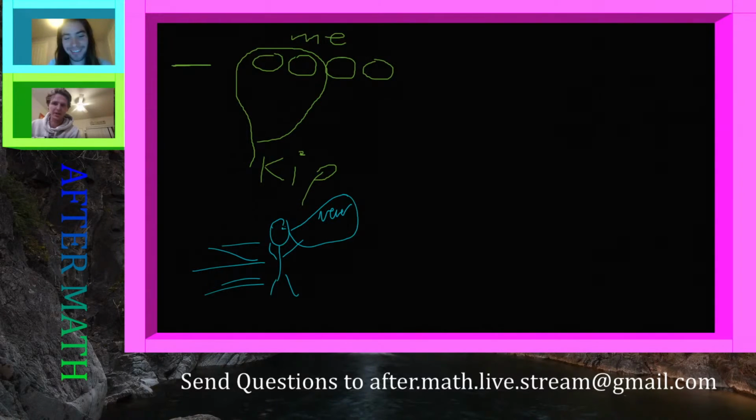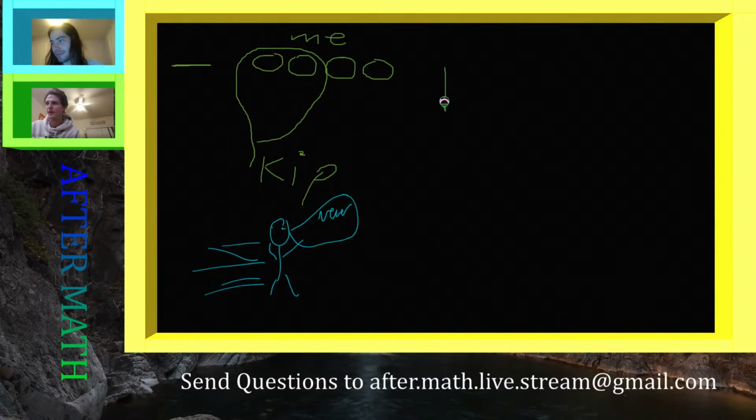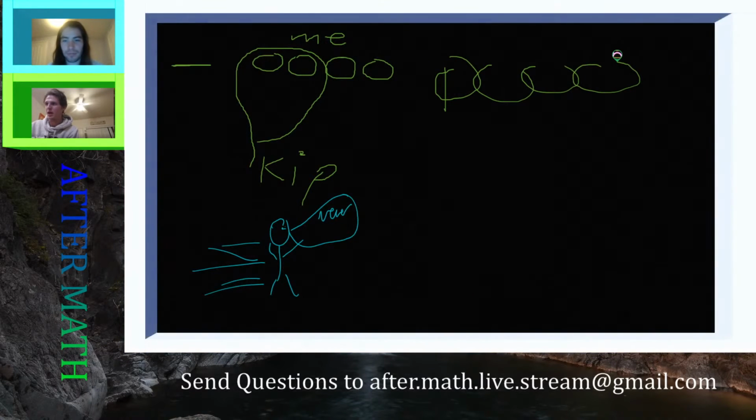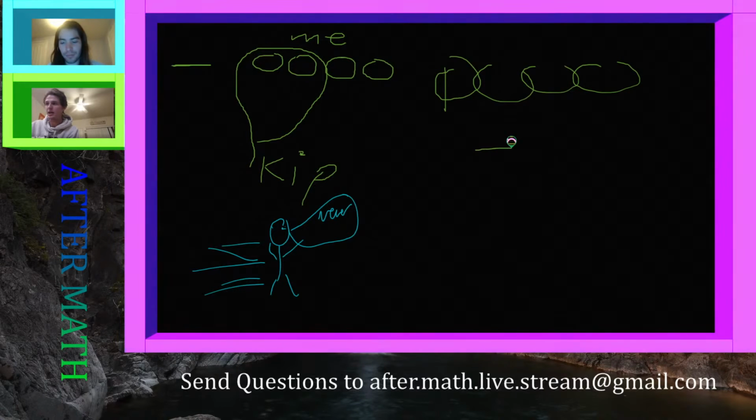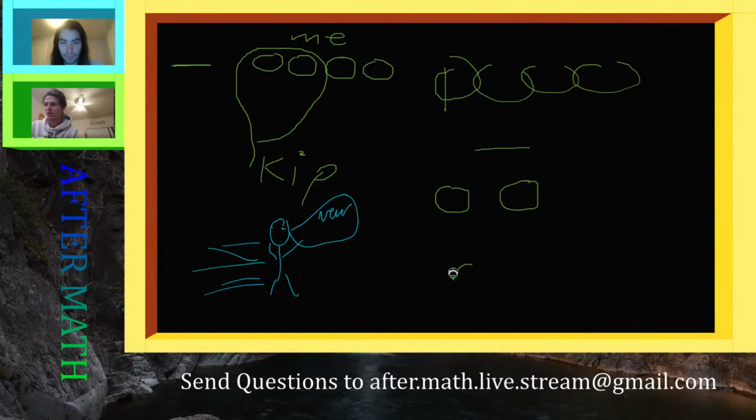Zoom. Okay, so this is the idea of subtraction, right? So I started with 4 circles. Boom, boom, boom, boom. I got 2 taken away. And then I am left with 2, right?